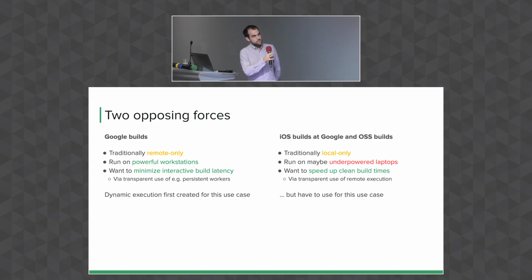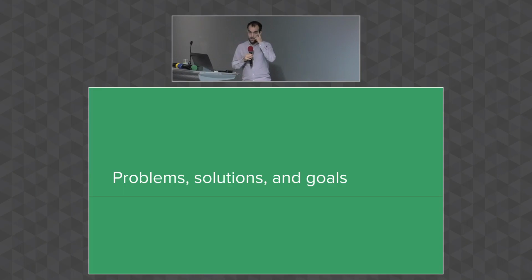So the problem is here, again, that the dynamic scheduler was written for the first use case, and there were some implications in the code that prevented it from working properly in the second use case. And I want to dive into some of them now. We'll cover 3 different problems, their solutions, and what our goal is essentially for this. And then we'll be done.